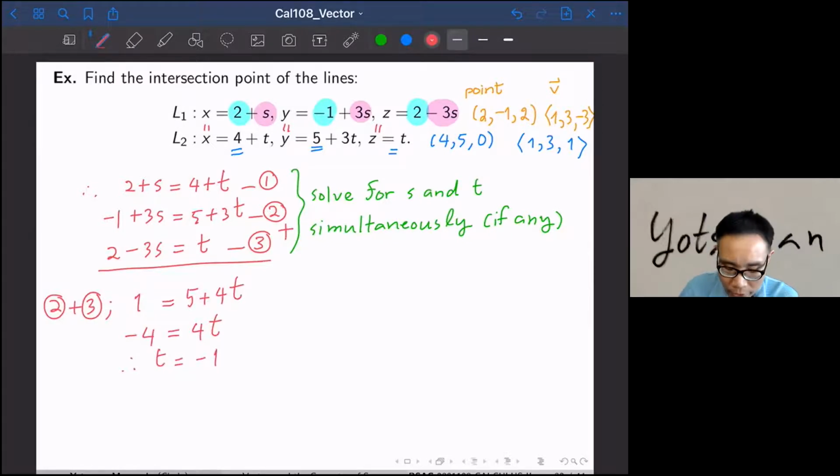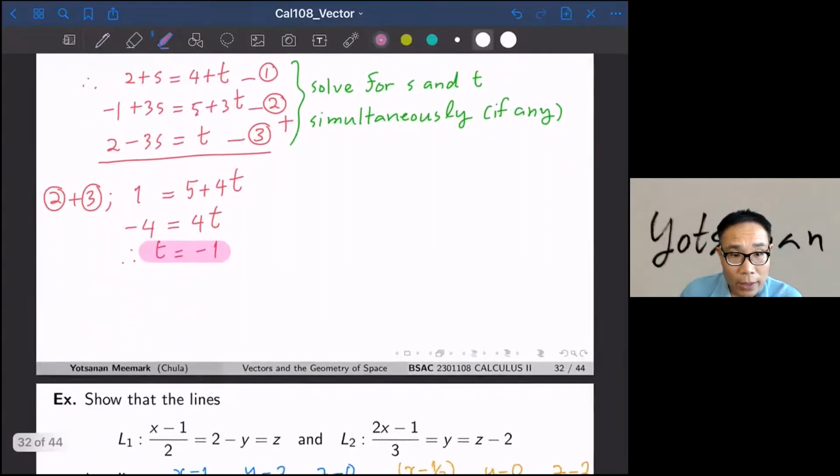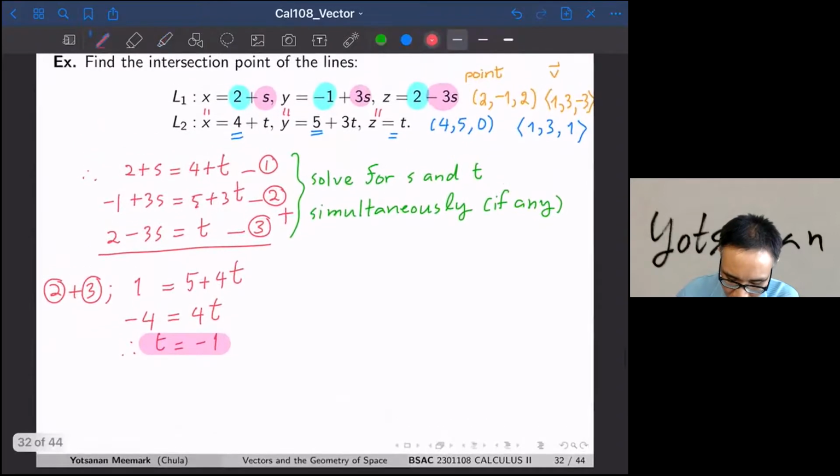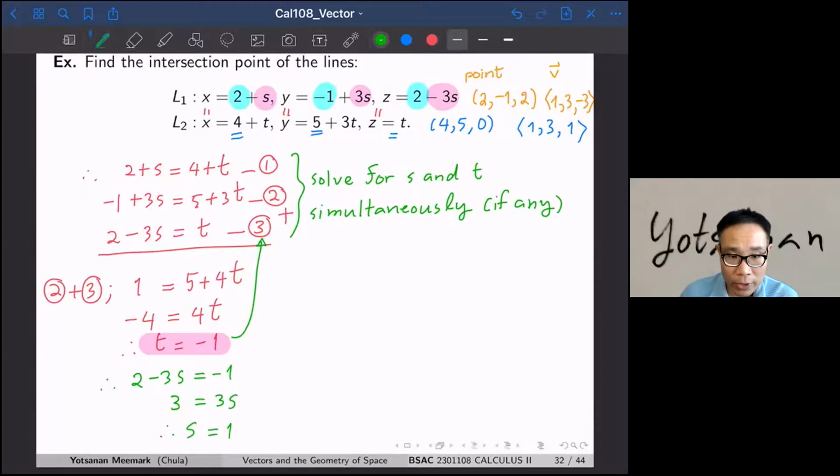Then you plug back into any equation in order to solve for s. Let's put this one in the third equation. So you have negative 3s minus 2 minus 3s equal to minus 1. So you get 3 equal to 3s, and s equal to 1. So you have s equal to 1, t equal to negative 1.